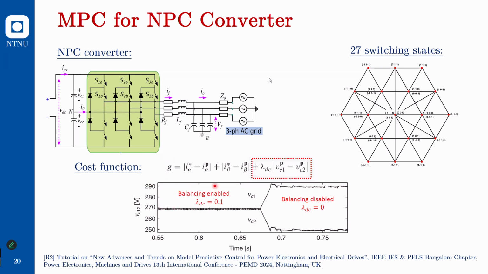So this is an advantage of MPC, and it can also be a disadvantage, because if you are thinking of a larger system, you are going to have several objectives, right? For that, you are going to assign several weight factors, and tuning them is very difficult.